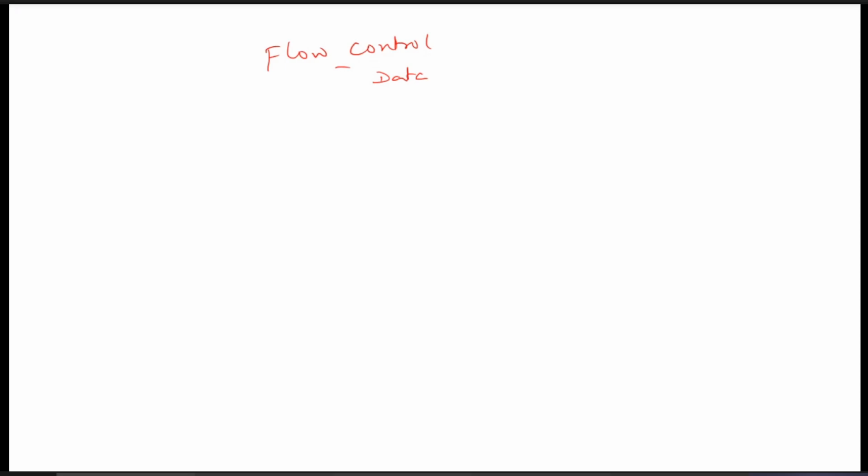Whenever data is received by the receiving entity, it will not immediately pass the data to the higher layers. It will do a certain amount of processing before passing the data to the higher level software or layer.